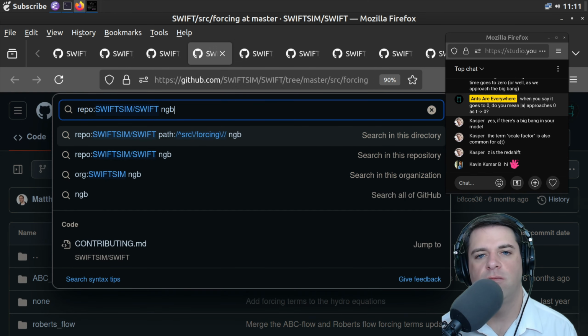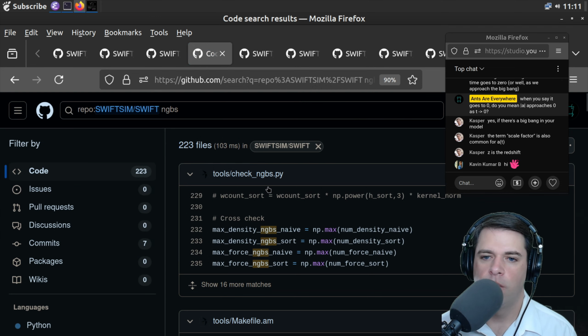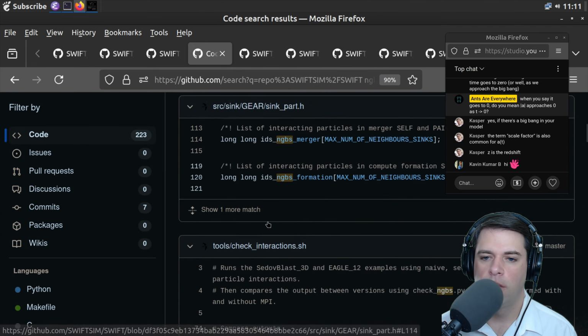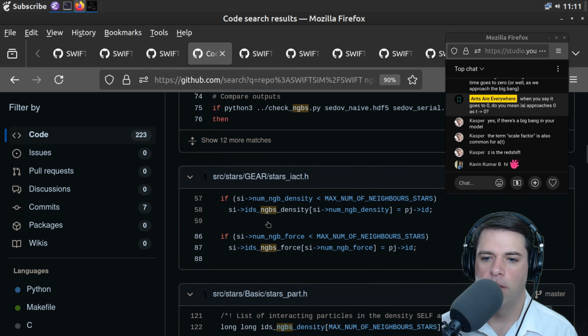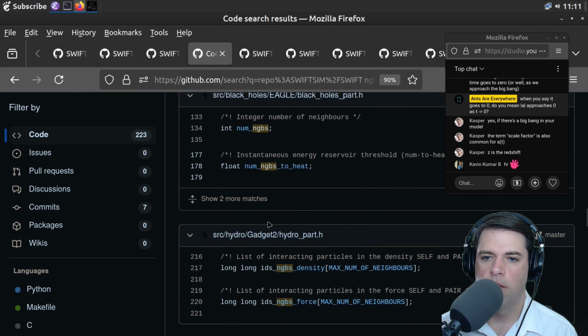I guess I don't care about forcing. Let's do a search for NGBs. Gigabytes per second.